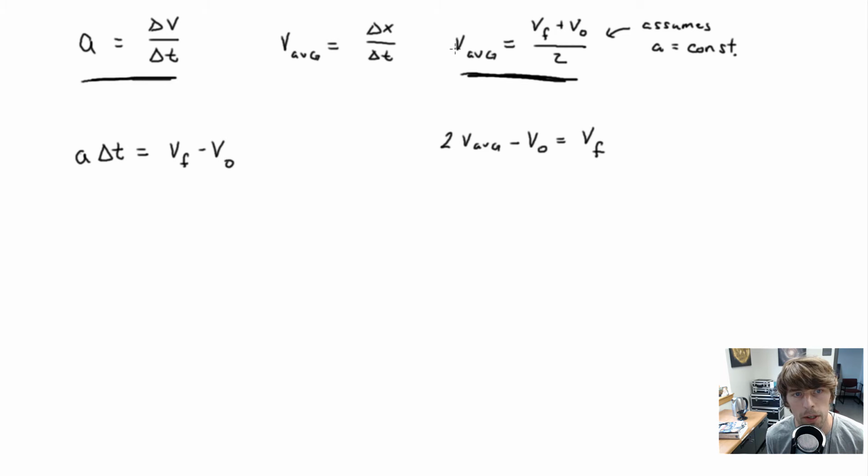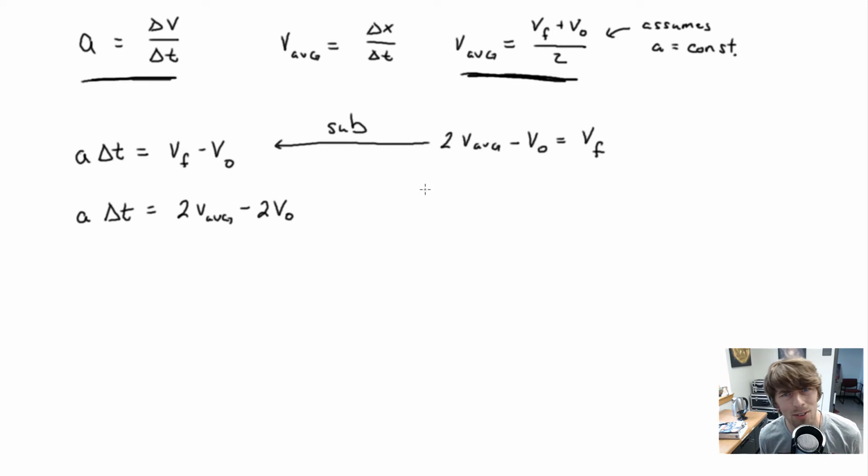You notice I multiplied by 2 and subtracted the initial velocity. I'll substitute that into this equation. And so I have a delta t equals 2 v average minus 2 v naught. I have one v naught, the second v naught, so now I have 2.